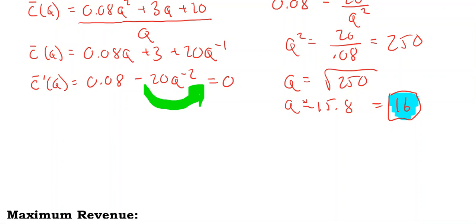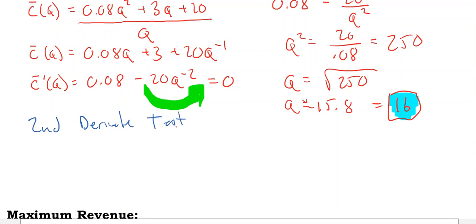We don't know if this is a max or a min until we use the second derivative test. So I'm now going to use the second derivative test to determine if it is a relative max or relative min. That means we need to find the second derivative.